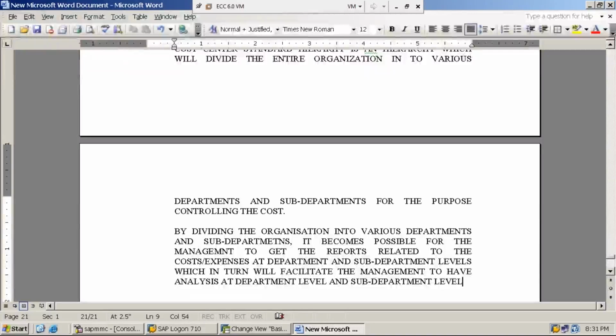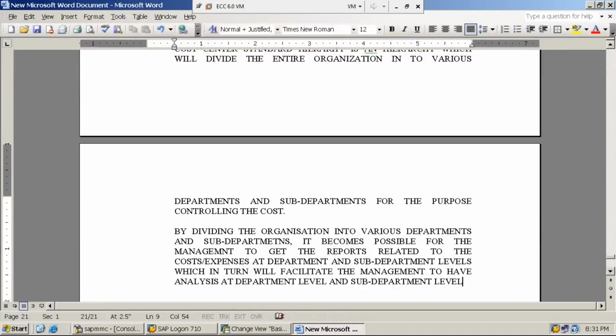Suppose your organization has been divided into finance, marketing, sales, procurement, planning departments. So once you have divided into various departments, controlling will become very easy and it becomes possible for the higher level managers or middle level managers to keep the supervision very effective.